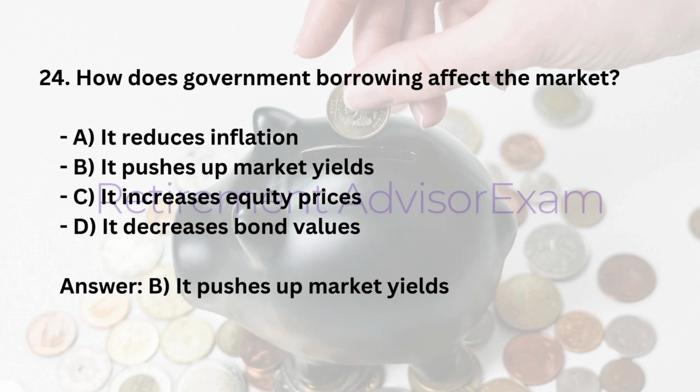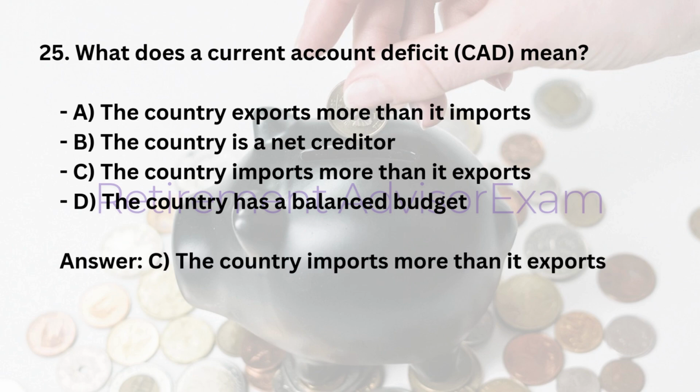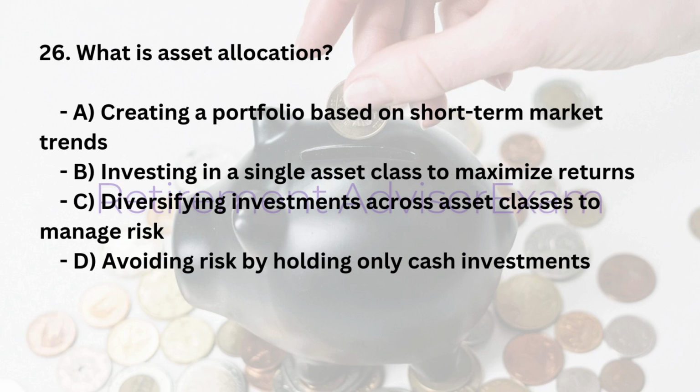Answer: B. It pushes up market yields. 25. What does a current account deficit, CAD, mean? A. The country exports more than it imports, B. The country is a net creditor, C. The country imports more than it exports, D. The country has a balanced budget. Answer: C. The country imports more than it exports.